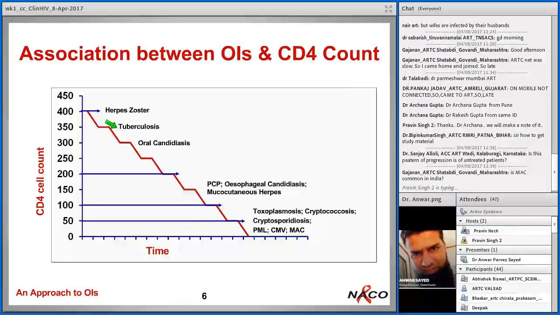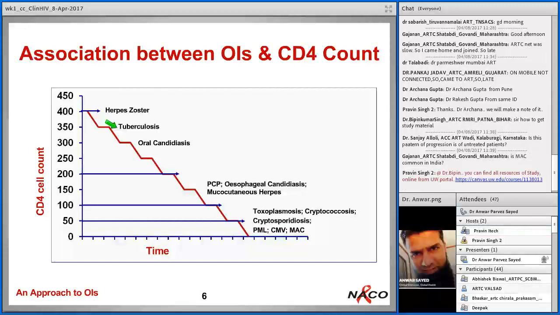Suppose the CD4 count is less than 200 or less than 100 or 50, then the presentation will be different from the development of TB at higher CD4 count. When CD4 is low, there will be a disseminated kind of TB involving CNS and other sites, where diagnosis becomes difficult, and then treatment sometimes becomes difficult because the risk of IRIS will increase.